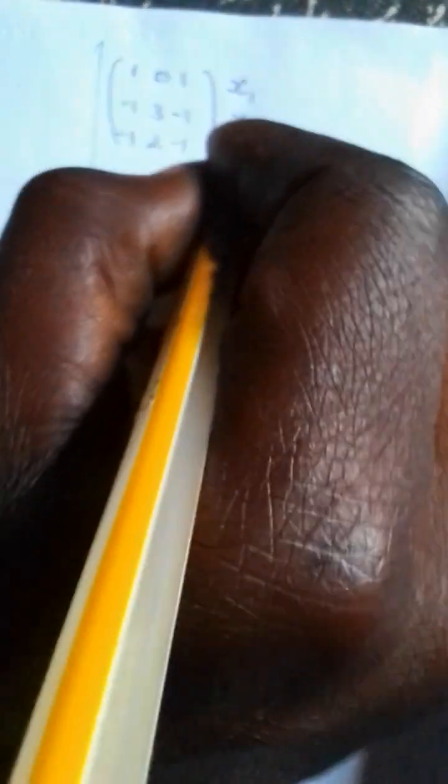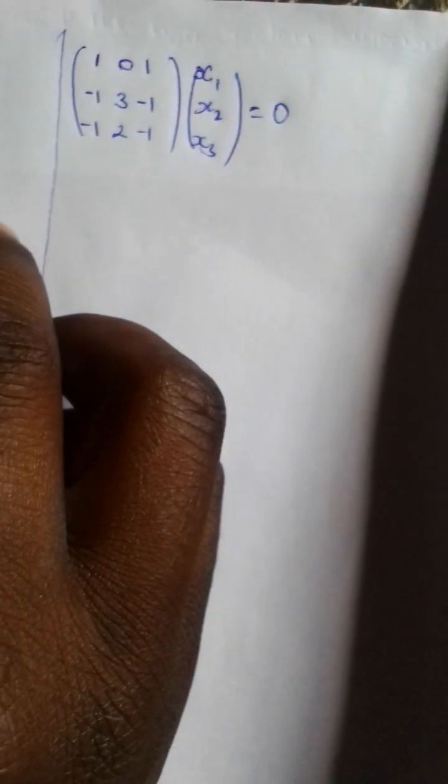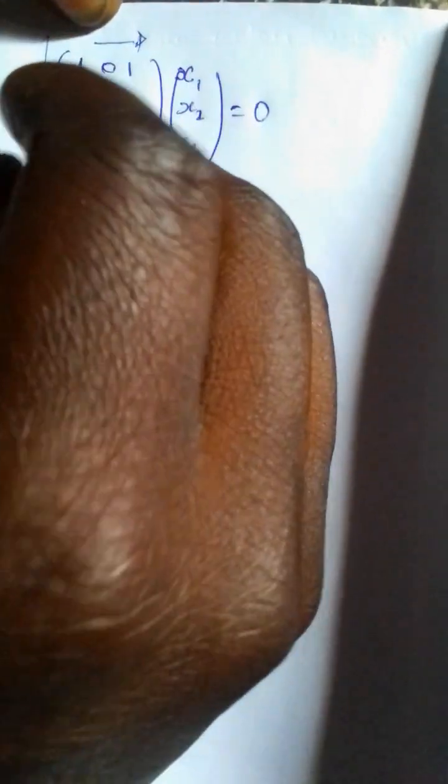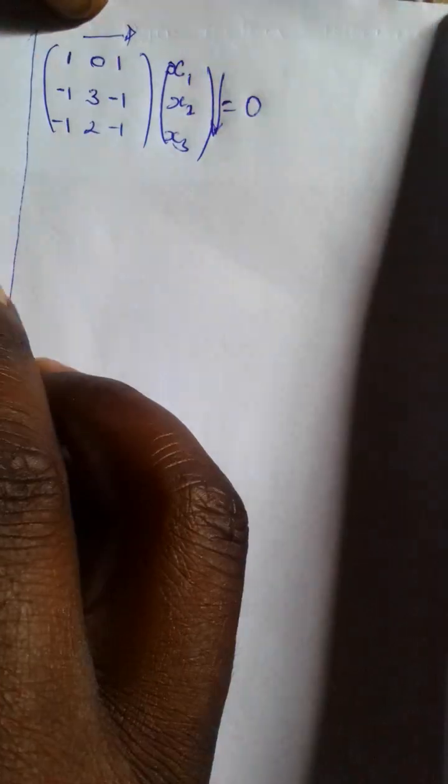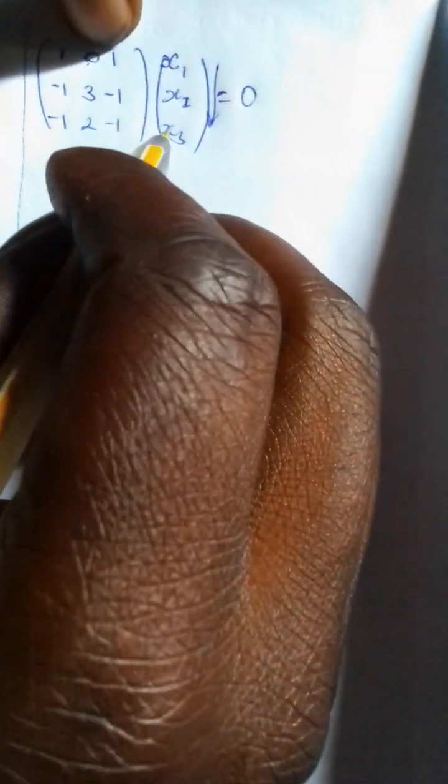So we put x1, x2, and x3. This one will be equal to 0. So from there, we shall have to multiply this by column. So that is x1, this one times this, that is plus 0, plus 1 times x3, which is x3 equaling to 0.